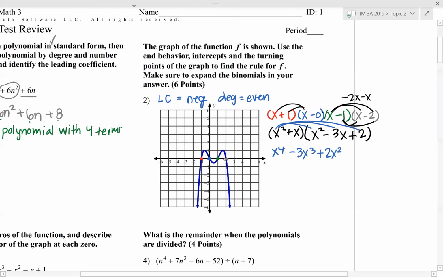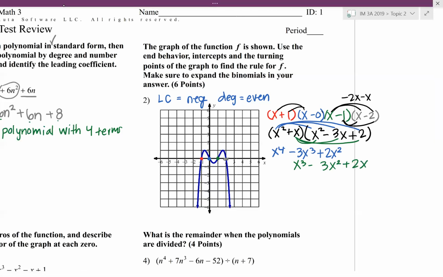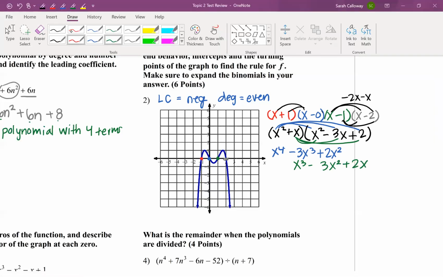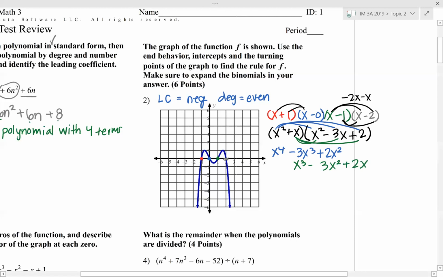Then if we distribute the x through those terms, we get x cubed minus 3x squared plus 2x. So looking at just the zeros, that gives us x to the 4th minus 2x cubed minus x squared plus 2x.